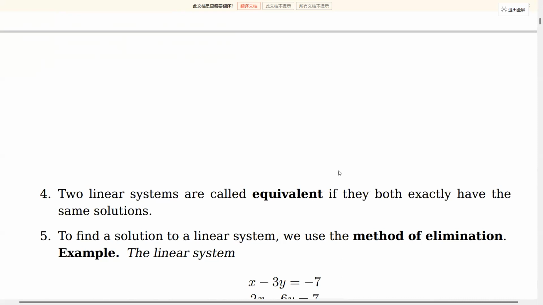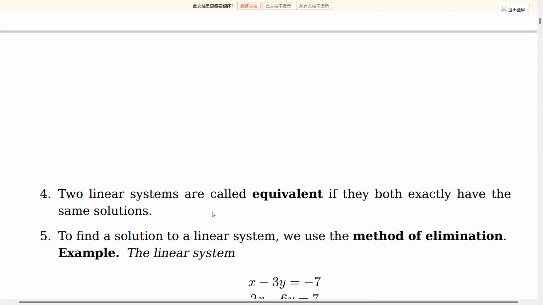So it's kind of a review, but we're going to introduce the concept of matrices later. And 2 linear systems are called equivalent if they have exactly the same solutions. And the point is you can always use equivalent operations to change one system to another system and to solve it.